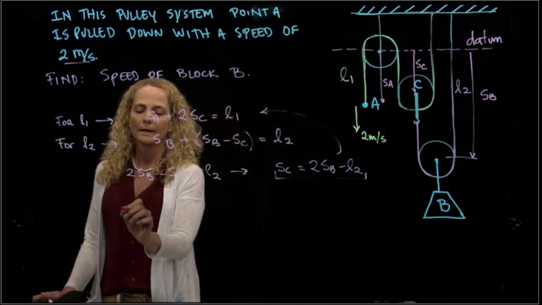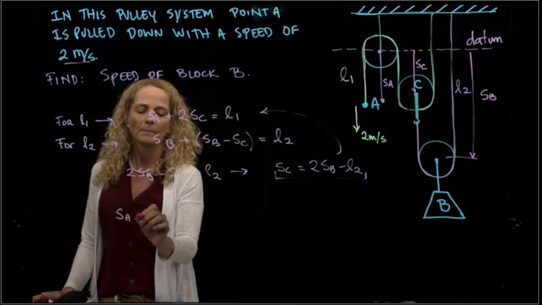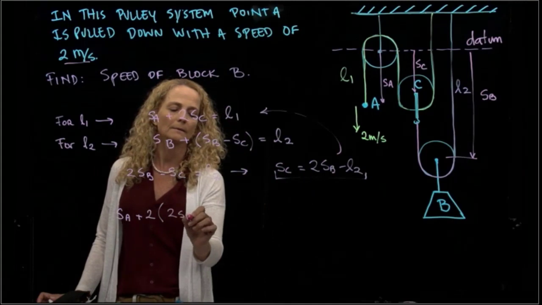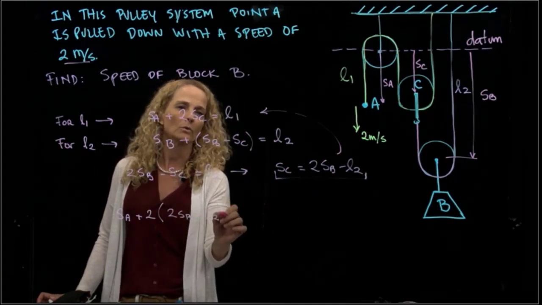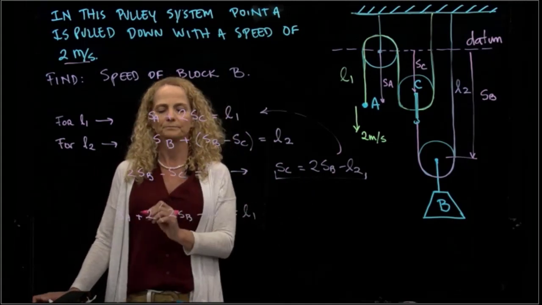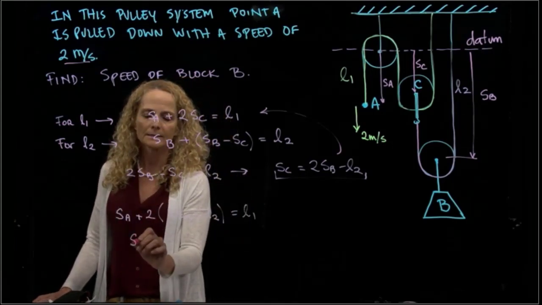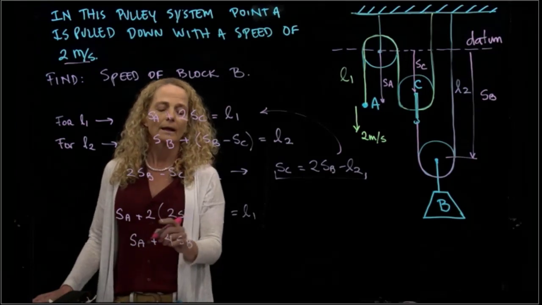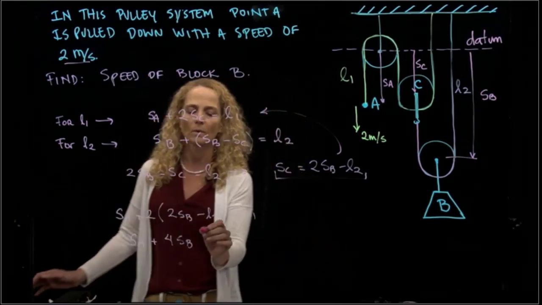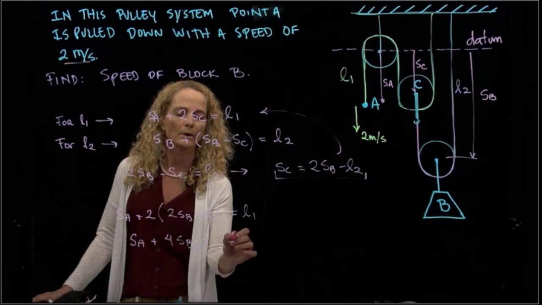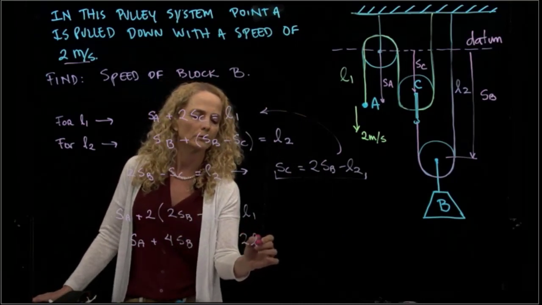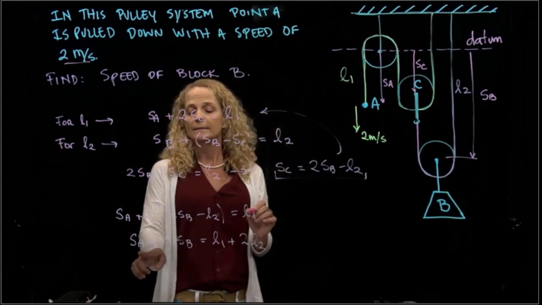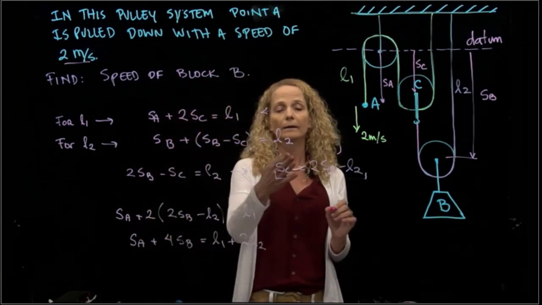So I will have SA plus 2 times (2SB minus L2) is equal to L1. Then I have SA plus 4SB, and I will put all my constants on the other side of the equation, which will be L1 plus 2L2. Now I have one equation that relates only SA with SB, and I got rid of SC.